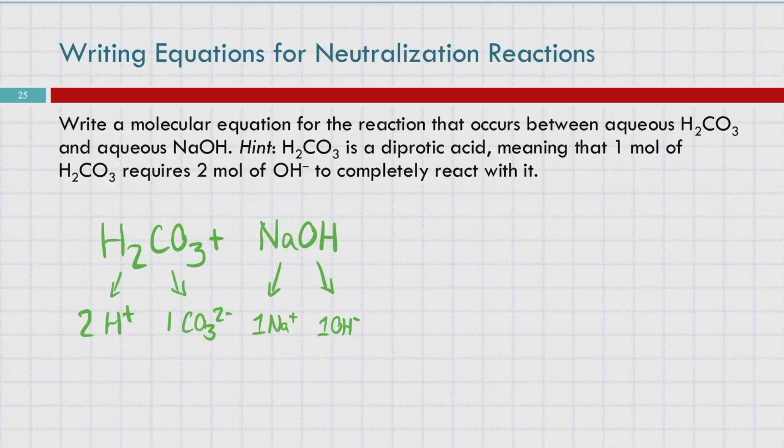What's our meat and potatoes? What's the important part of a neutralization reaction? Does anyone remember? What's neutralizing what? Sort of, yes. What makes an acid an acid? Hydrogen. The H. What makes a base a base? Hydroxide.